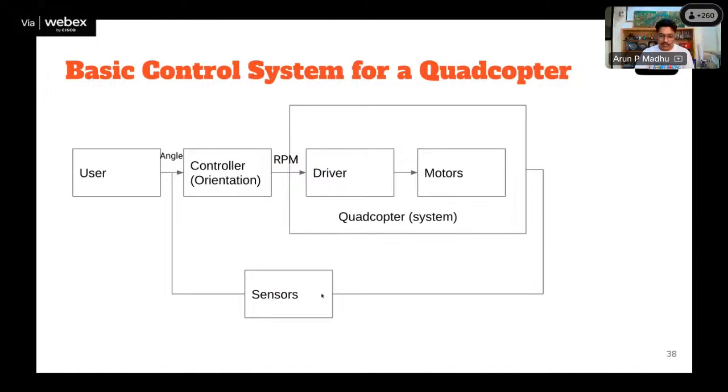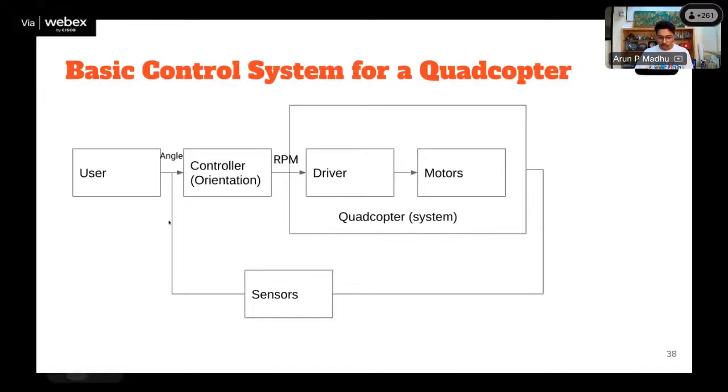So let's say we have given an angle, and this controller gives an RPM, the motor rotates, and the drone actually pitches forward at an angle. Then we can measure through the IMU whether the drone is actually at the angle specified by the user or not.